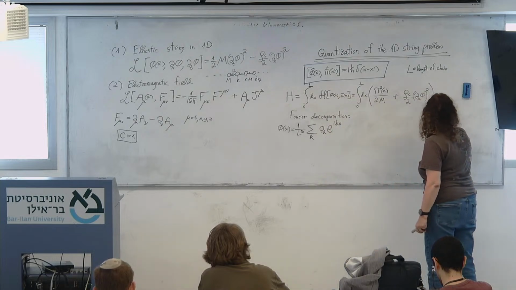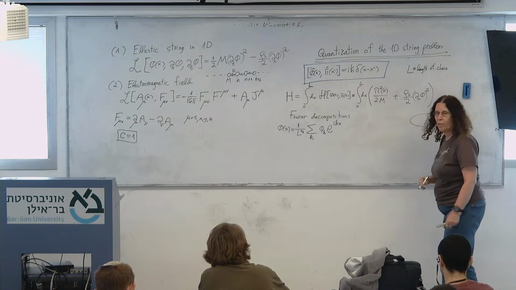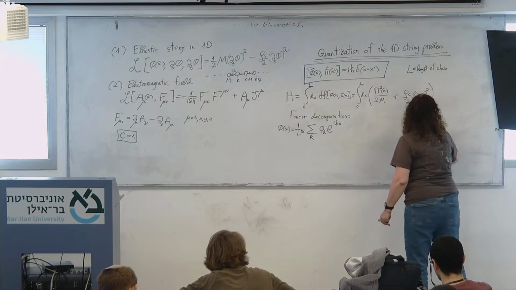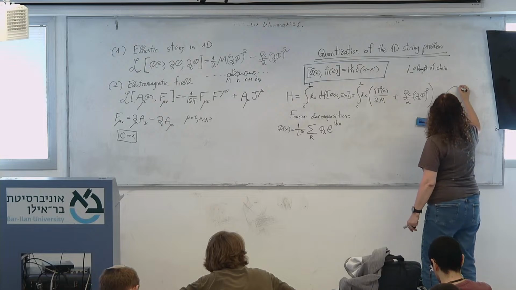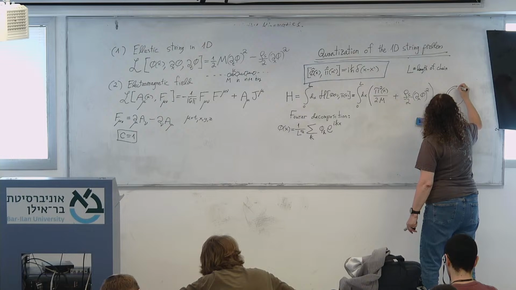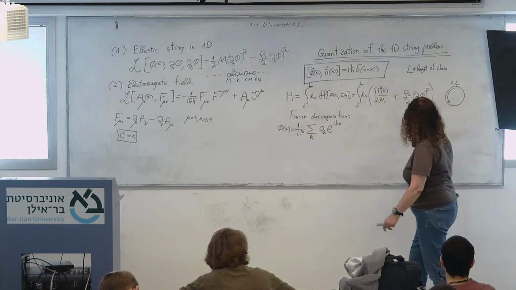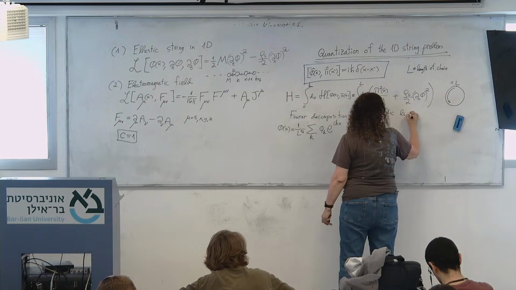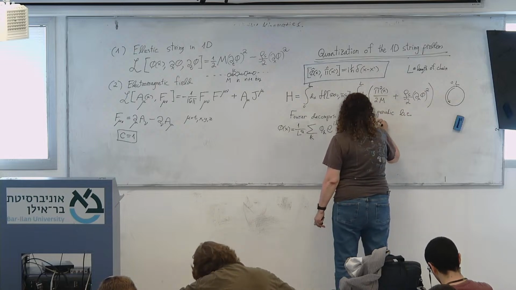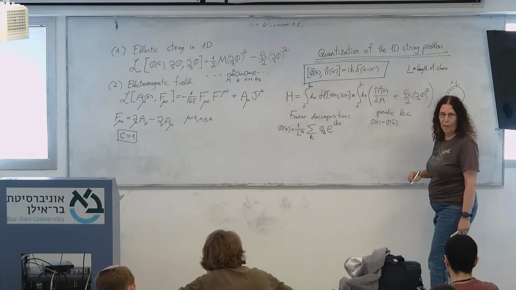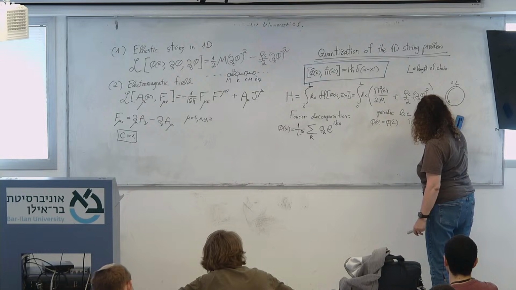Namely, what we are assuming here is that our string is a closed loop of circumference L. The point 0 and L are the same, or in other words, periodic boundary conditions assume that phi of 0 equals phi of L, and the same is true for the momentum fields.